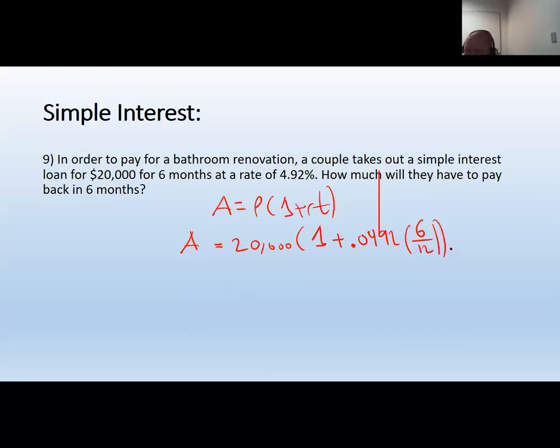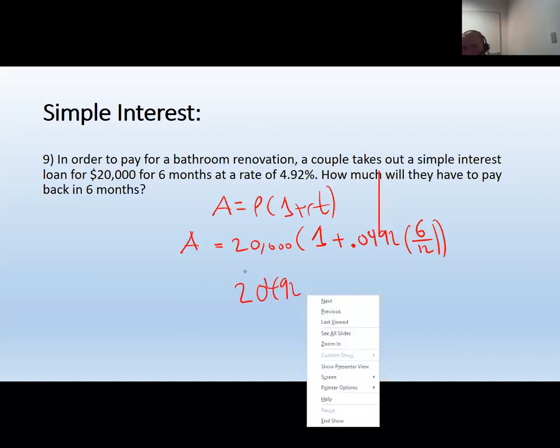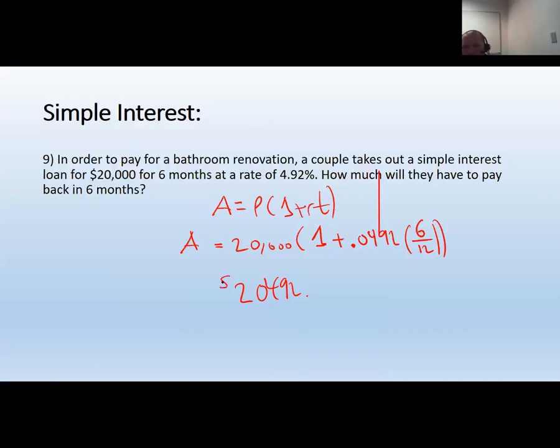And so if we put all that into the calculator, we end up with $20,492. Anybody not get that or have any questions? All right, so let's move to the next problem.